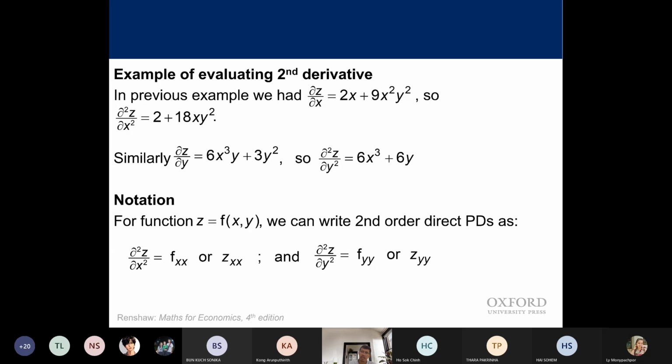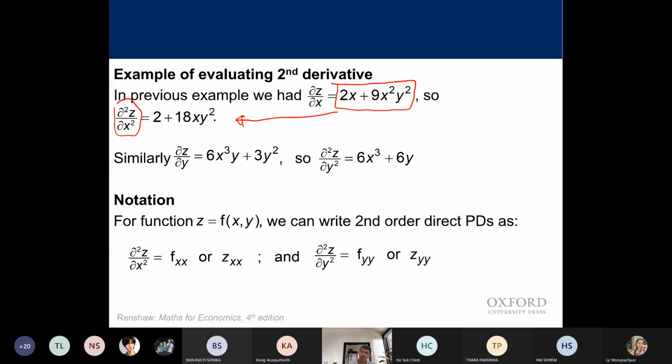Suppose you know that the first derivative is 2x plus 9x squared y squared. If you compute the second derivative with respect to x, you differentiate this one more time with respect to x.